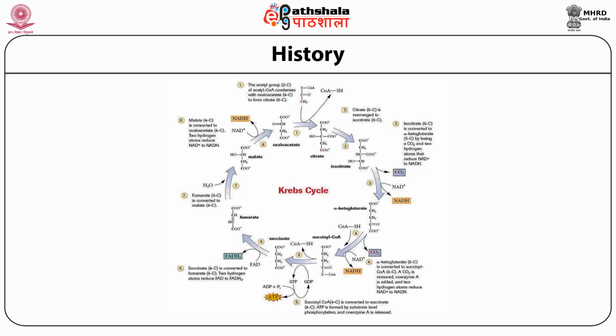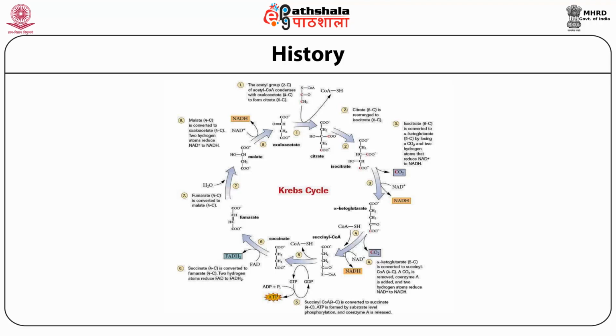If you see in this figure, the 2 carbon moiety of acetyl-CoA, when combined with the 4 carbon moiety oxaloacetate, forms citrate, and through a series of reactions, citrate converts to isocitrate, then alpha-ketoglutarate, then succinyl coenzyme A, succinate, fumarate, malate, and again oxaloacetate. This oxaloacetate again combines with acetyl-CoA and the cycle continues.